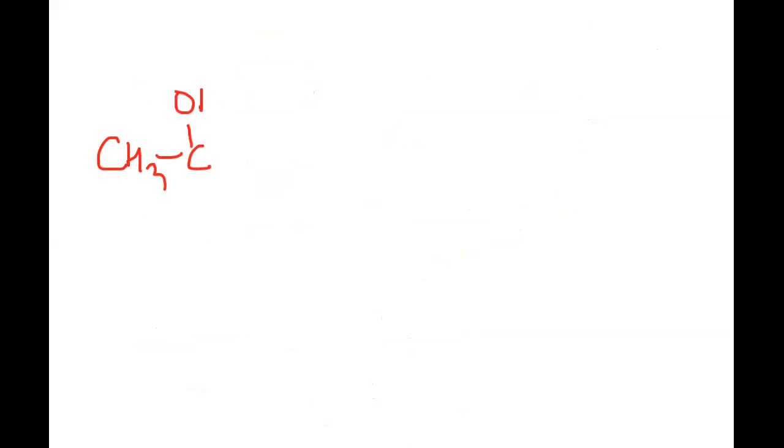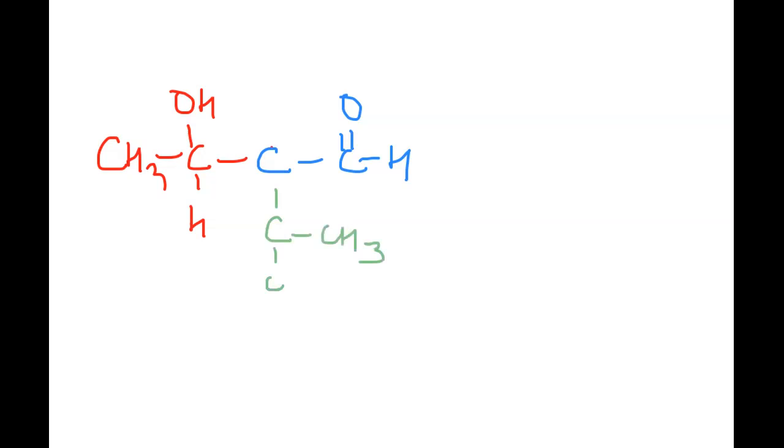If I show this in blue, then this is C double bond O and then H. And then one of the groups I will show here as C, which is attached to a CH3 and an OH and an H. And one of the other groups I can show from this side, that this is C, which is attached to a CH3 and OH and an H.